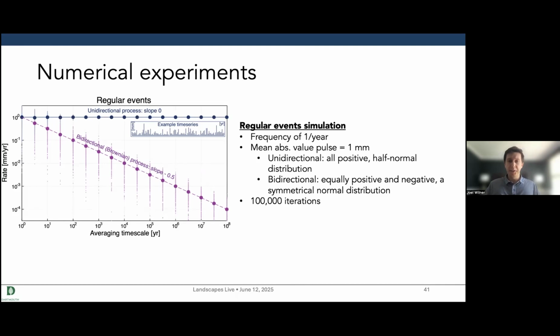We make this distinction between unidirectional processes and bidirectional processes. This is an important distinction. You can think of unidirectional processes as those processes that are erosive in nature that can't redeposit their sediments, their erosive products, upstream.